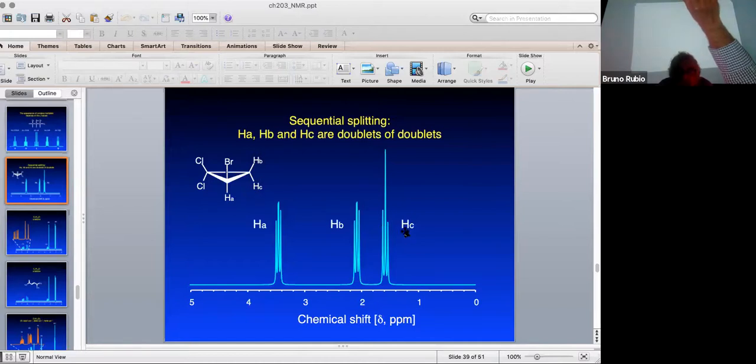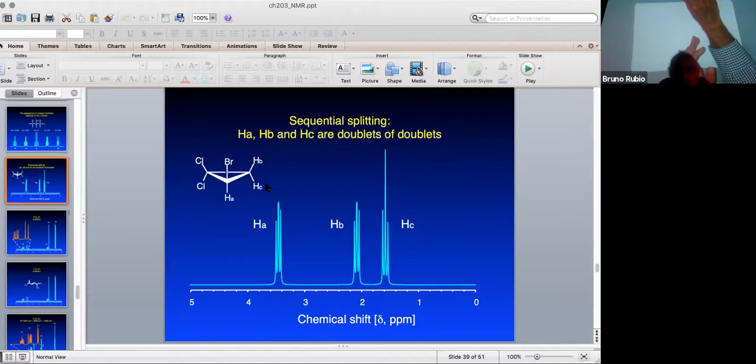And if we look at the signal of HC, well, that looks like a triplet, right? It's actually a doublet of doublets where all of the coupling constants were about the same. So this looks like that 1 to 2 to 1 intensity pattern of a triplet. It's not a triplet, it's a doublet of doublets where all of the coupling constants were accidentally the same.